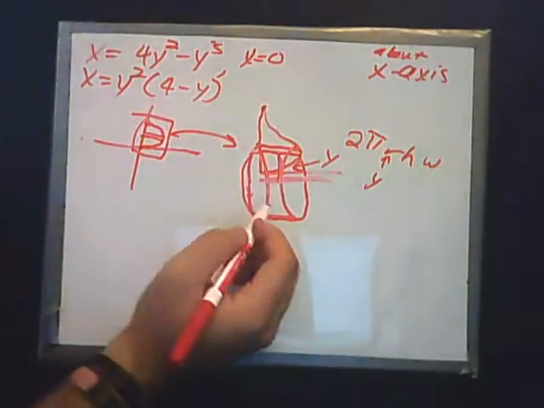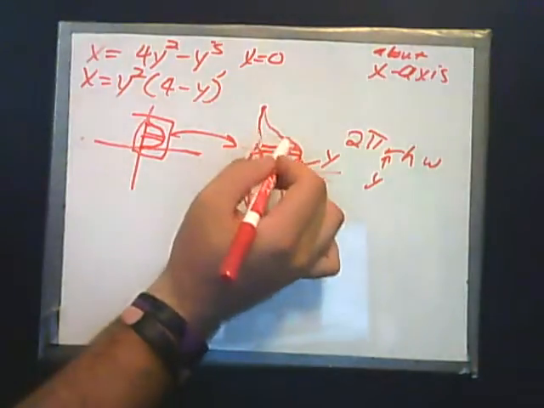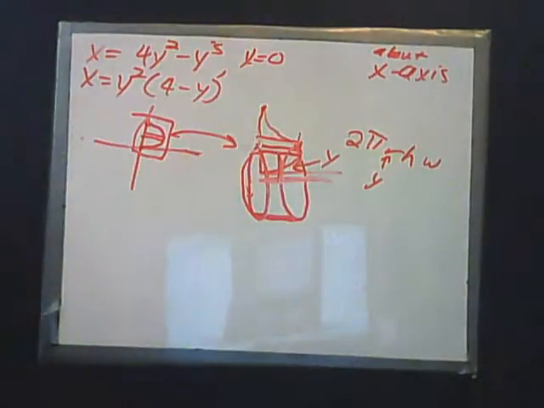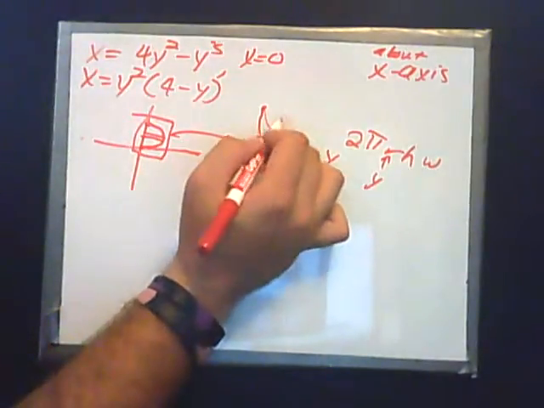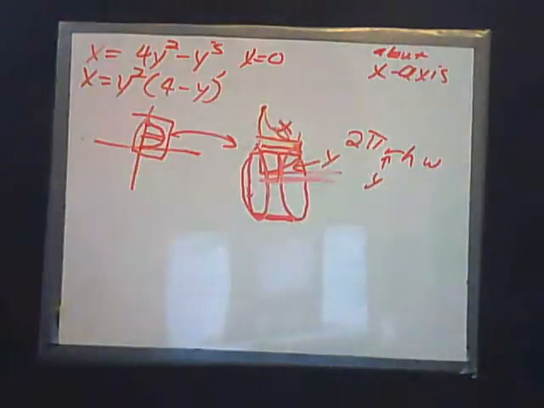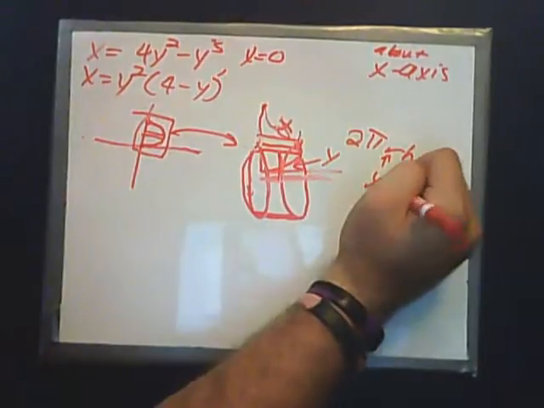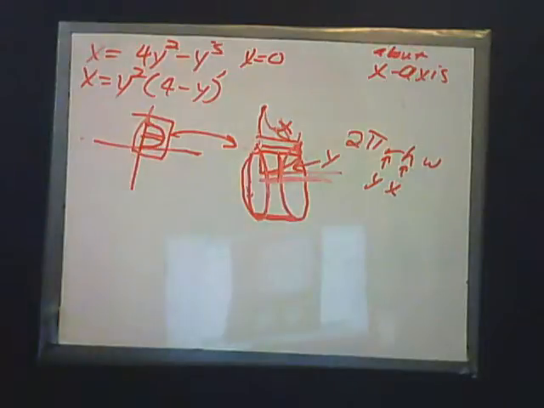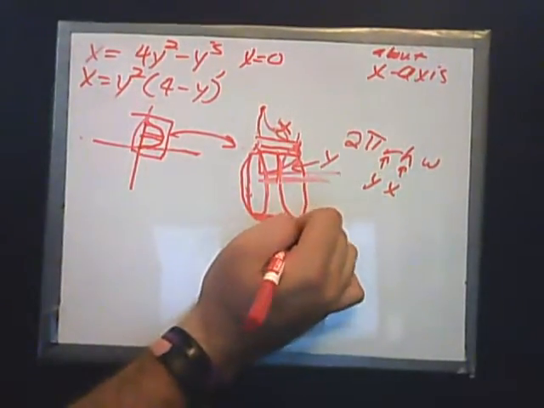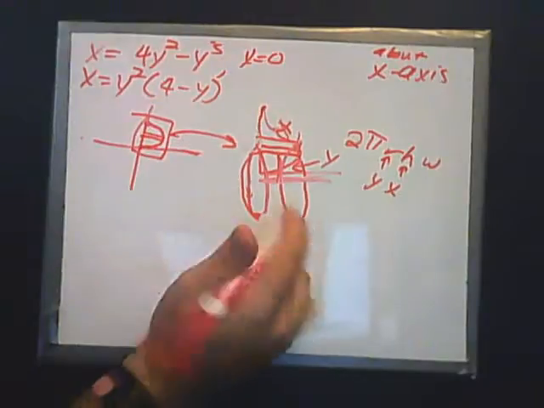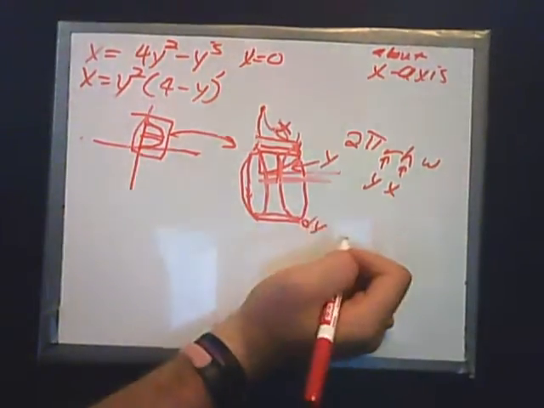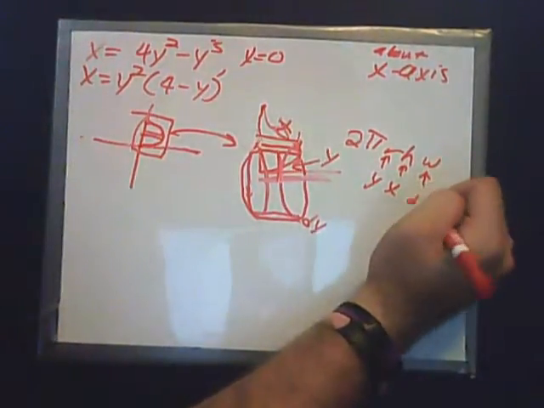Now our height is the distance running from the axis up to the curve, which in this case is rather convenient because that's just a horizontal displacement, and we would generally call this x. So our height is x, and our width is just this really thin slice, which gives us a tiny displacement in the vertical direction. So this is actually going to be dy. So our width is dy.